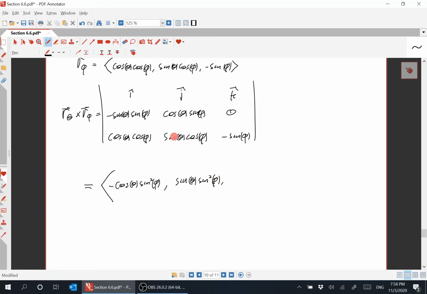And then in the k coordinate, it's going to be minus sine squared theta sine phi cosine phi minus cosine squared theta sine phi cosine phi.